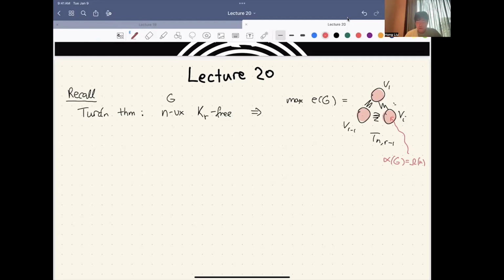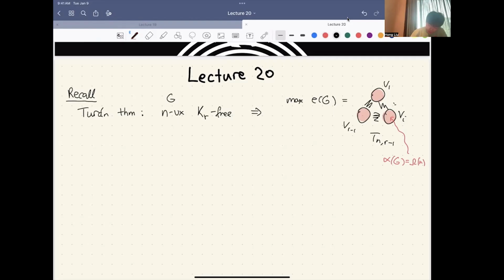This prompted Vera Sós in the 70s to ask, what if our host graph is not so structured? What if we forbid linear size independent sets? Then how much can we improve these bounds in Turán's theorem?